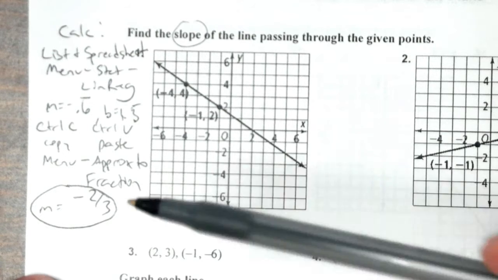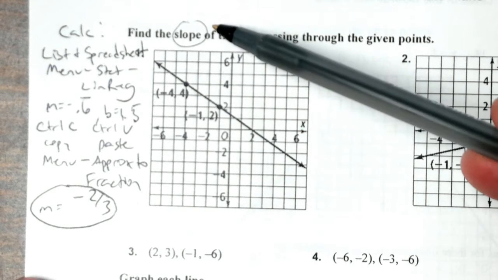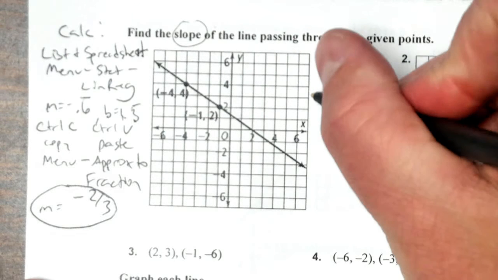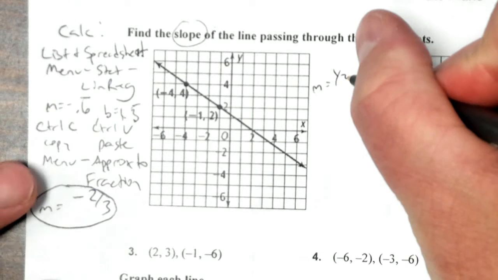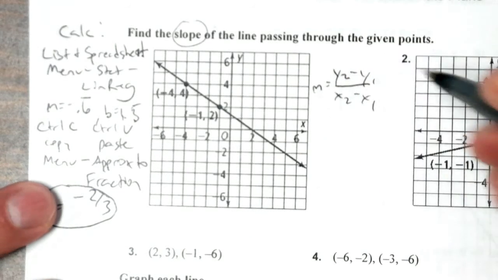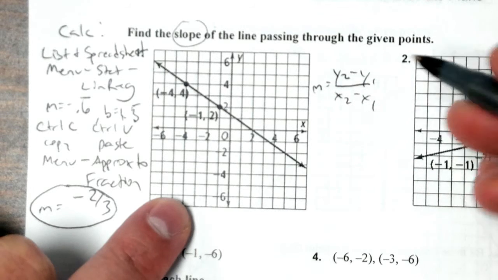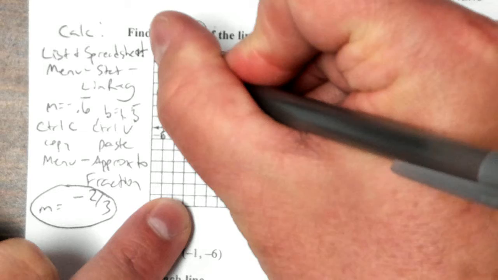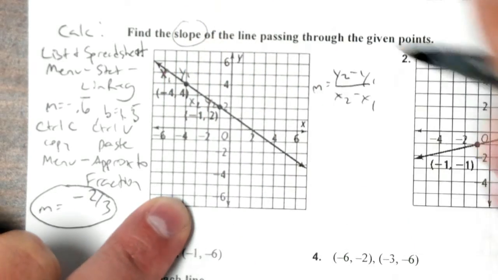So there is a way, like we just did, to just use your calculator to get your slope. If you'd rather use the formula, because remember there are some tests where you can't use the calculator, that would have been y2 minus y1 over x2 minus x1. And think of the ordered pairs as x1, y1, and x2, y2.